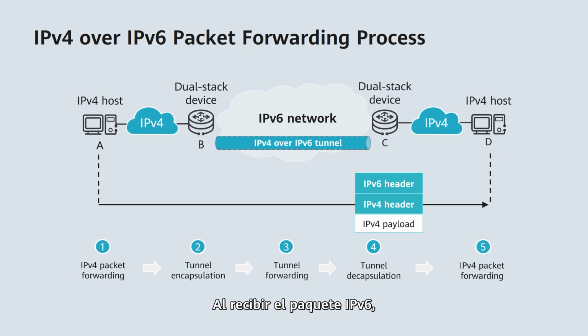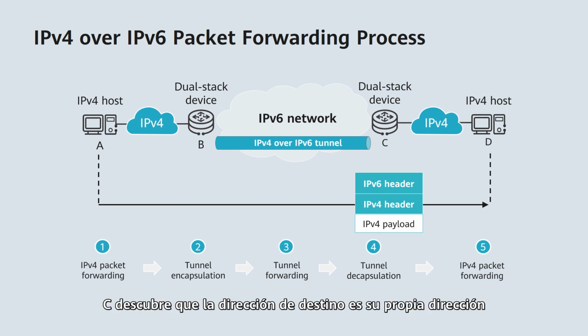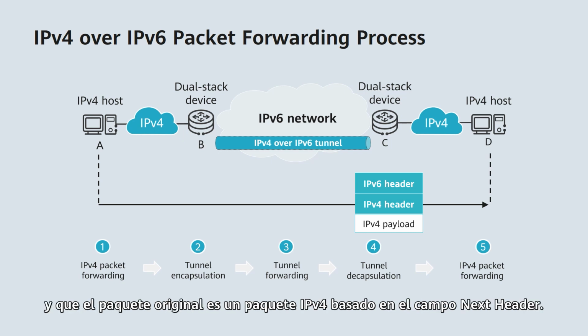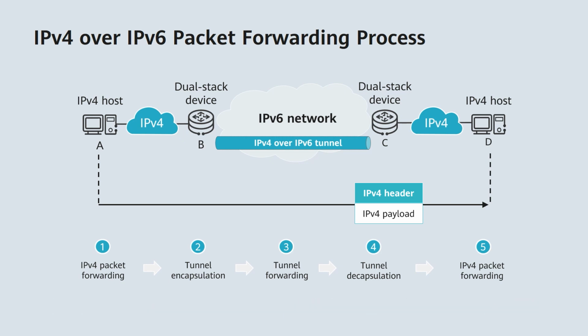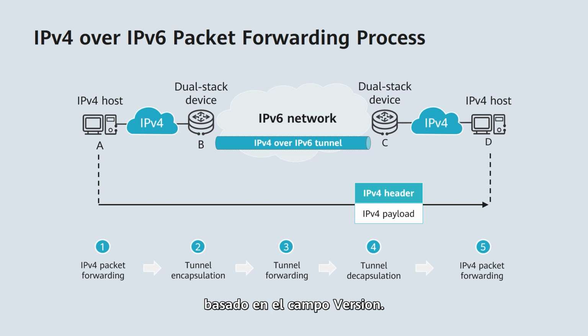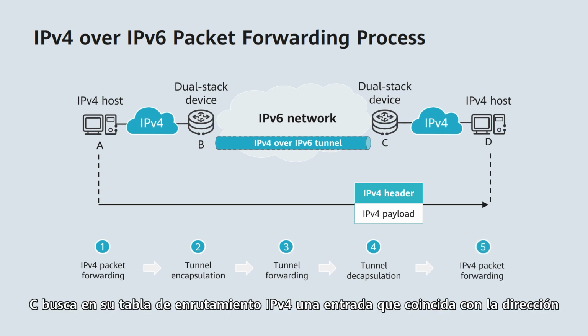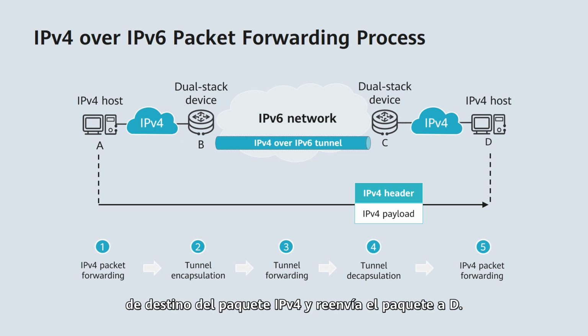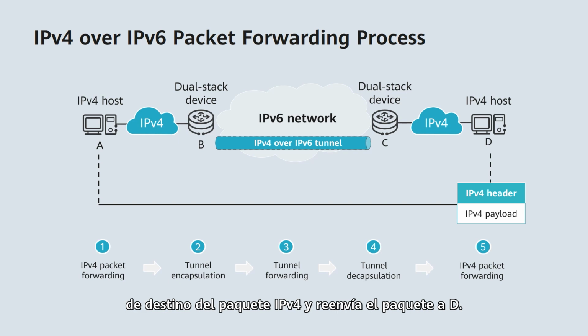Upon receipt of the IPv6 packet, C discovers that the destination address is its own address, and the original packet is an IPv4 packet based on the next header field. It then decapsulates the IPv6 packet by removing the IPv6 header. Fifth, IPv4 packet forwarding. C searches its IPv4 routing table for an entry matching the destination address of the IPv4 packet and forwards the packet to D.